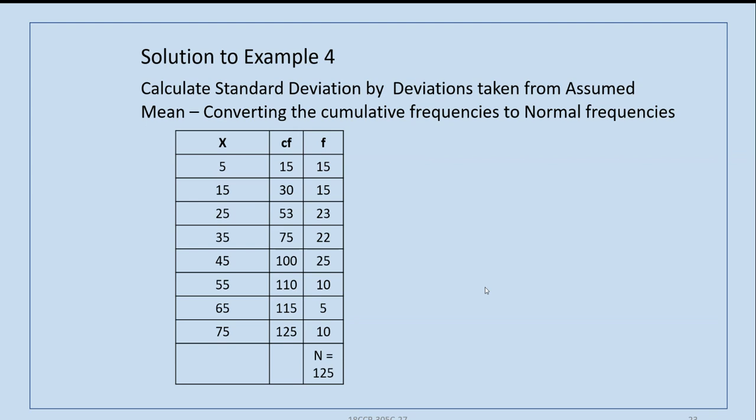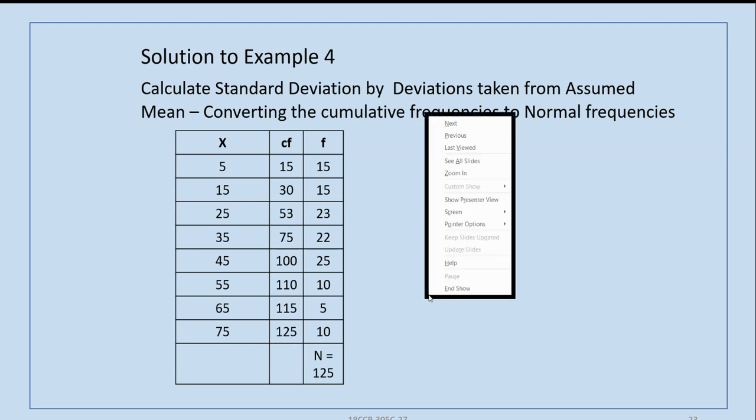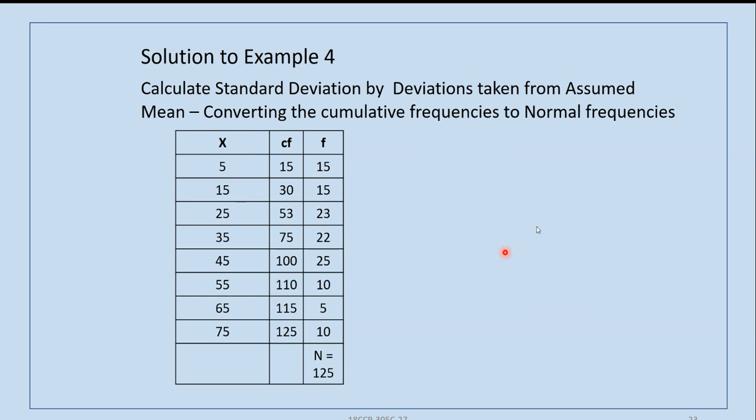The total value of n is 125. The n value is nothing but the cumulative frequency in the last row.